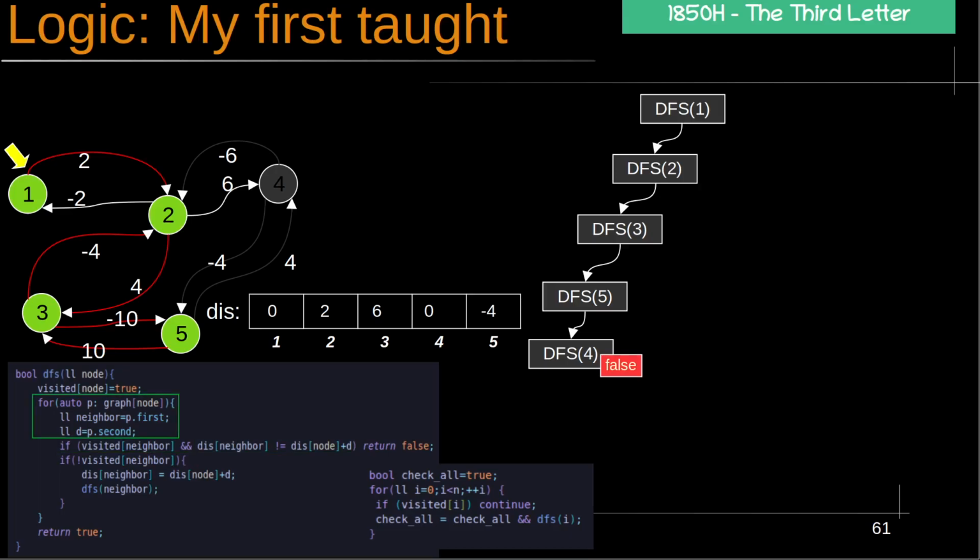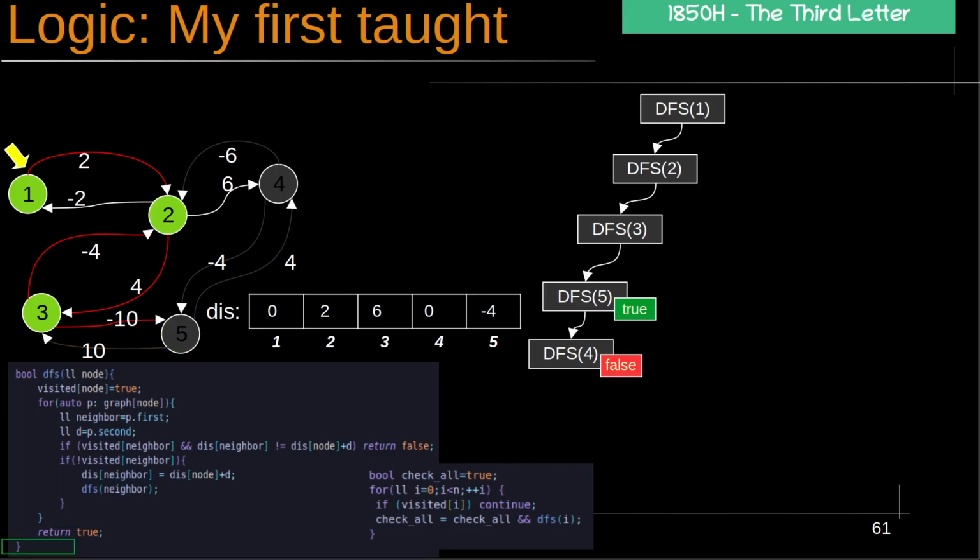So we check the other neighbors of 5. There are no neighbors, so we return true. Because we have the same distance and there are no other neighbors, we find that the distances are the same. We return from DFS 5, returning true.